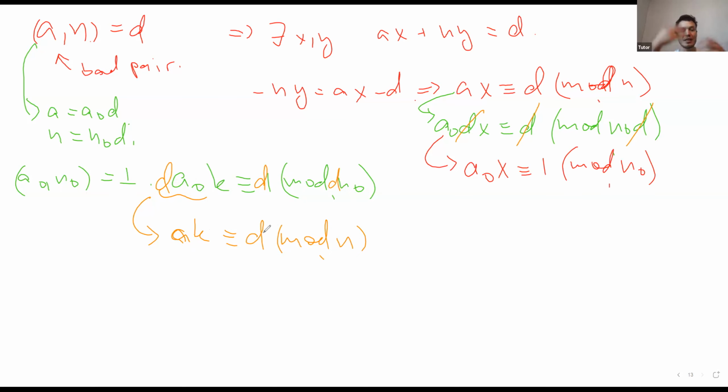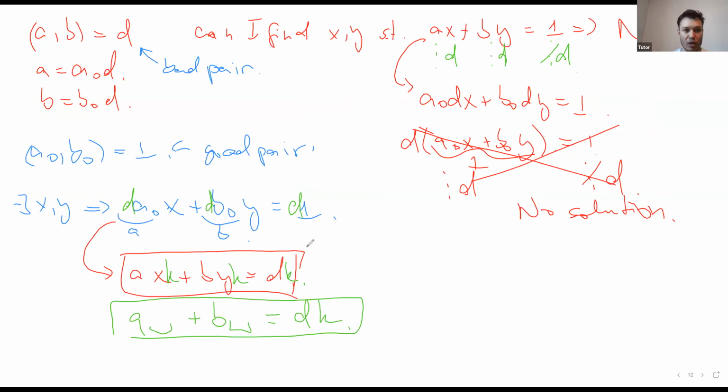So you cannot have a modular inverse mod N, but you can have something very close to it. This number K, when you pair them, you get D, which is the thing that makes them bad. This is only for when A and N are bad. Clearly, if A and N are a good pair, the inverse is possible, so that would be fine, right?